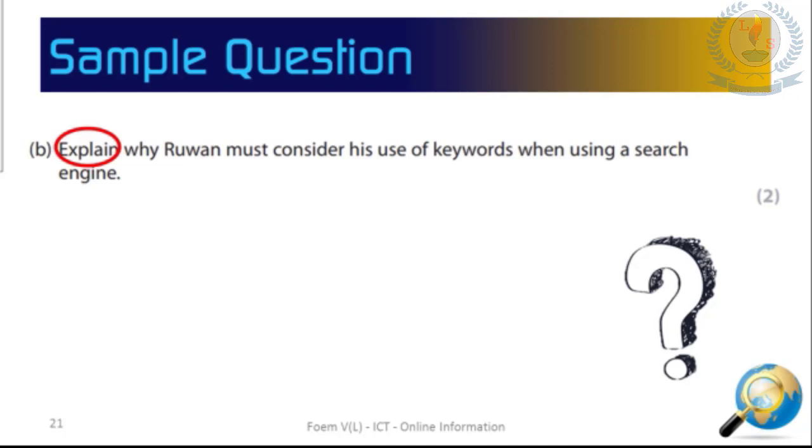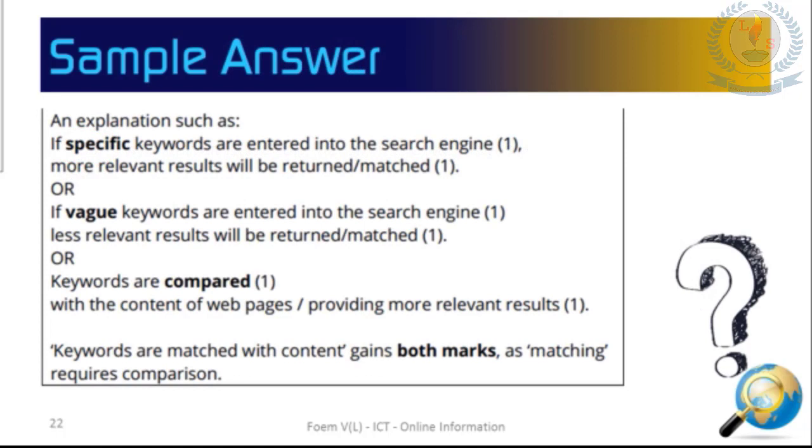Why you are deciding this is the point, you have to give the evidence, the proof. So 1 mark for the point, and the second mark for the evidence. Two marks are given that way. This is for your reference. See how they have given the marks one by one.